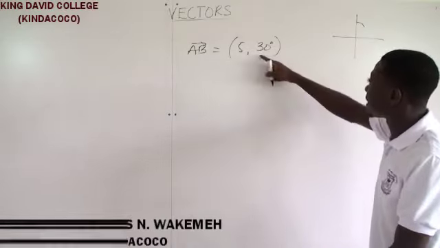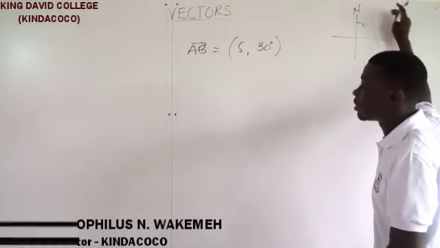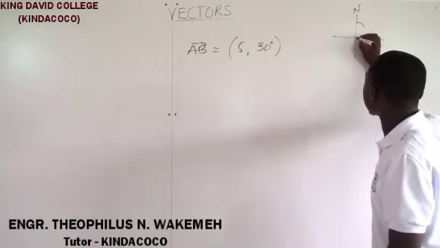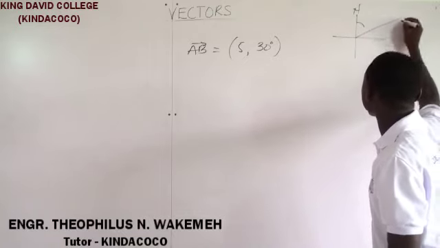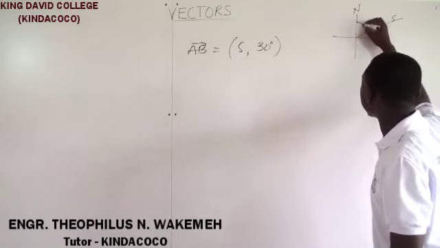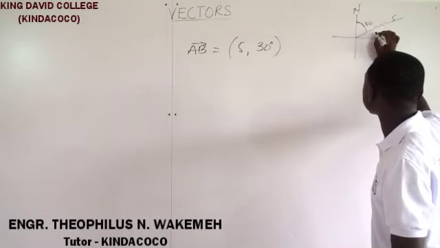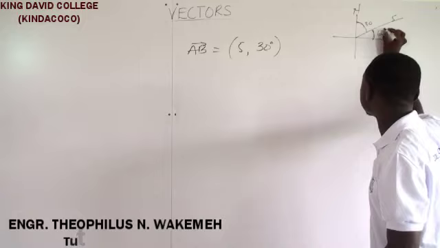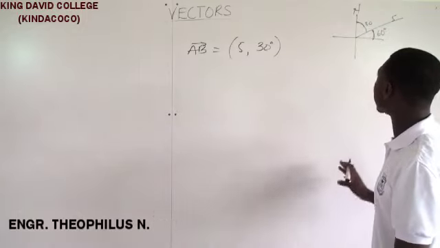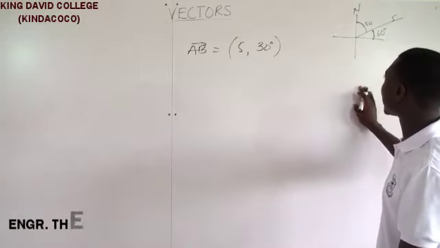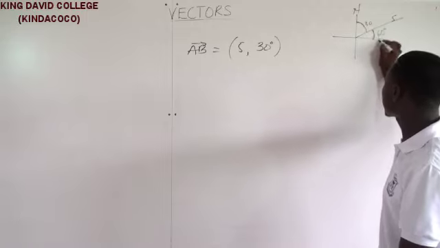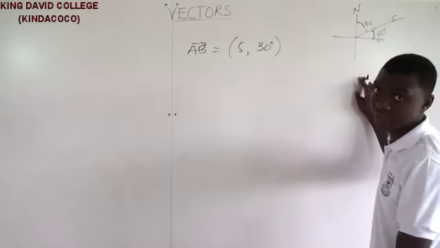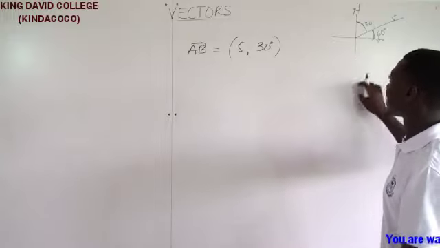The 30 degrees is read from the north. So what is going to happen is that this is going to be 5 here, and then the angle here is 30 degrees. Hence, here is going to be 60 degrees. So someone can draw it and then say, okay, I'll resolve it. Cos will be for x, sine will be for y. Alright? Like that. Okay?